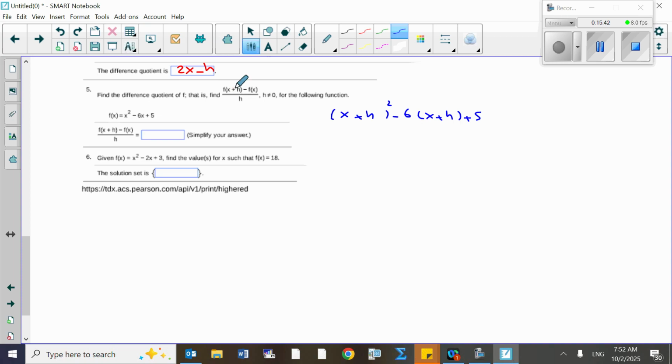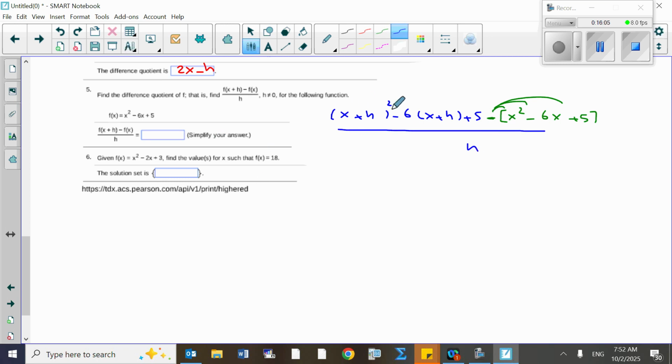So this is the first one. The second one, I'm going to write with a different color, is just f of x. So I write this inside the parentheses, x squared minus 6x plus 5. Don't forget this parenthesis because you need to distribute the negative later. Okay, and this divided by h.